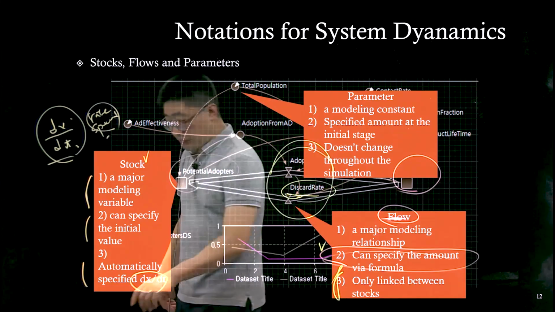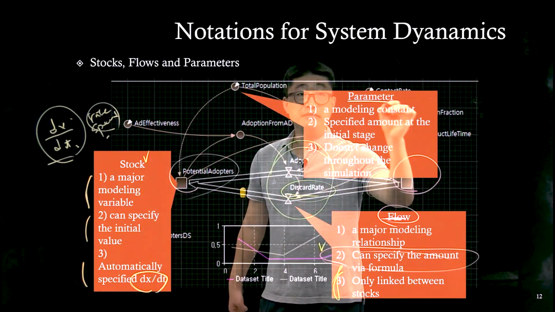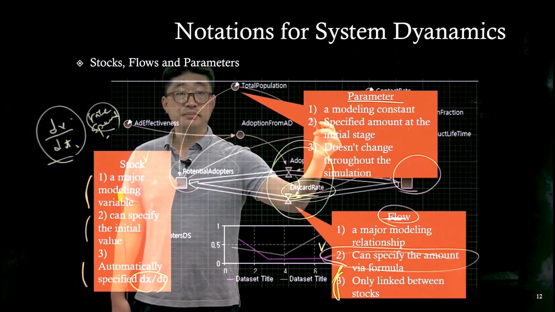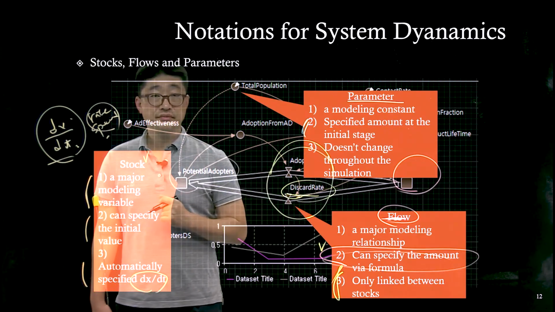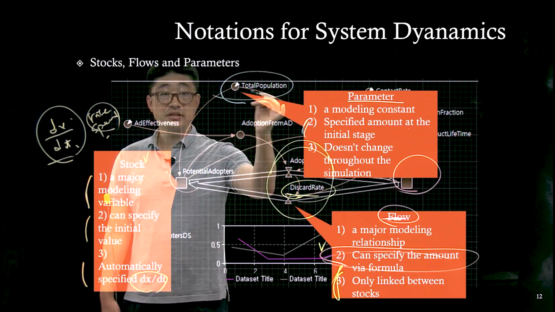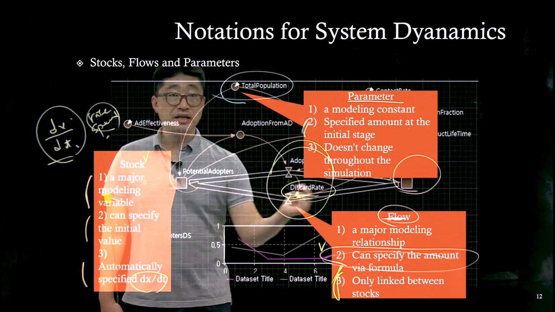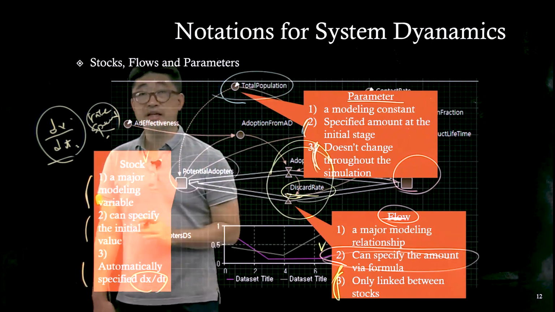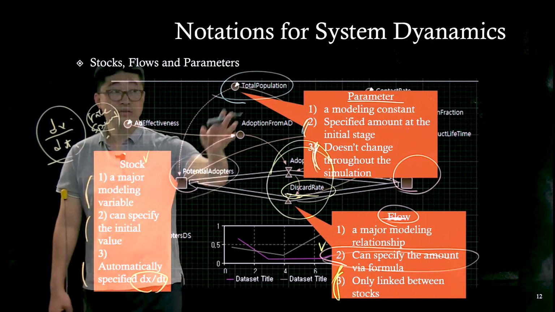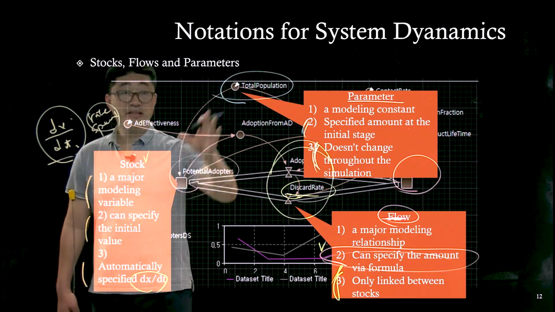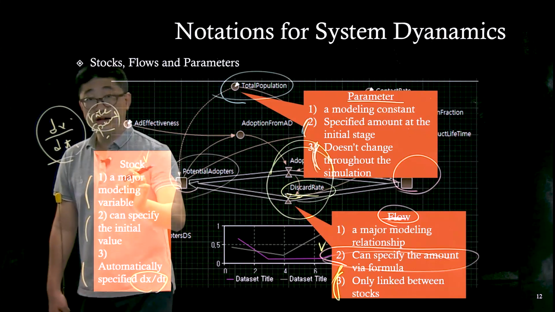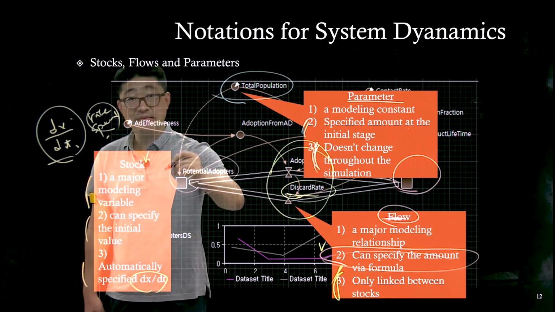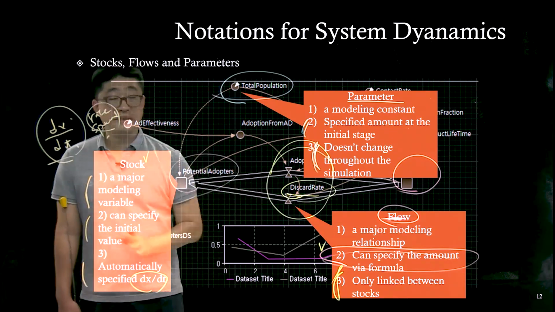And we are going to add one more thing, which is the parameter. It's a modeling constant specified at the initial stage. For example, total population is specified at the initial stage and doesn't change throughout the simulation. It is a simulation parameter set initially that can be used to specify a stock or flow and so forth. And here we have a link that specifies that usage.